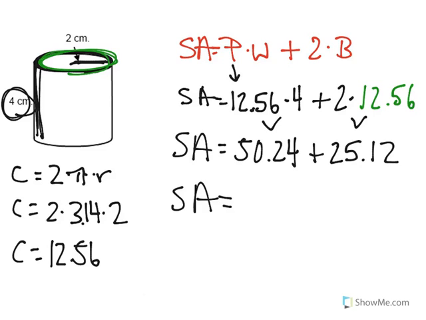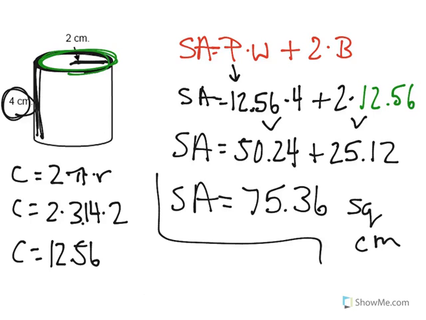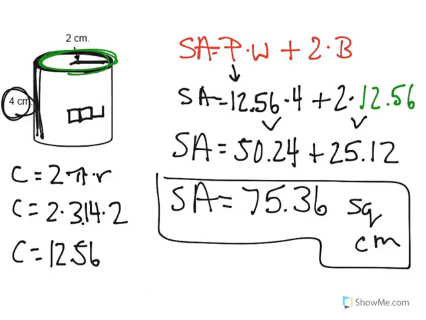I'm going to add those up, and I get a total of 75.36 square centimeters. And what did I find? I found how many squares it takes to completely cover the surface of this three-dimensional shape. So this is my generalized formula that works for any 3D shape.